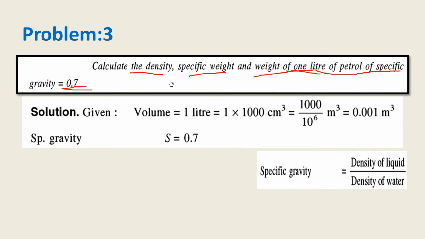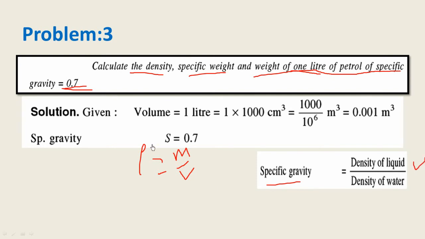First we will calculate the density value. For calculating density we have formulas. Density equals mass by volume, but here mass is not given, only volume is given. So we need to choose another formula, that is, specific gravity equals density of the liquid by density of the water. Here specific gravity is given, so that's why we are taking this formula.